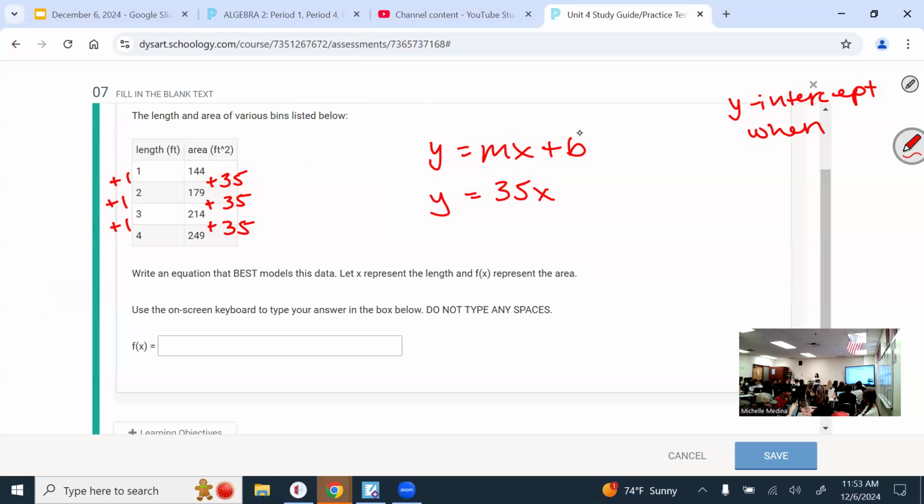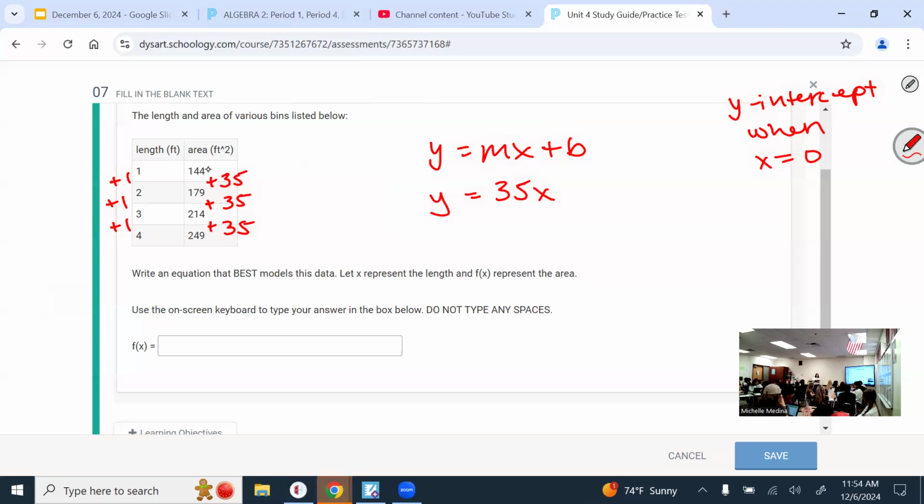That is true. But there's a certain one that can also help in other situations. By definition, your y-intercept is when what happened? When x is 0. Do I have an x value of 0 on this table?